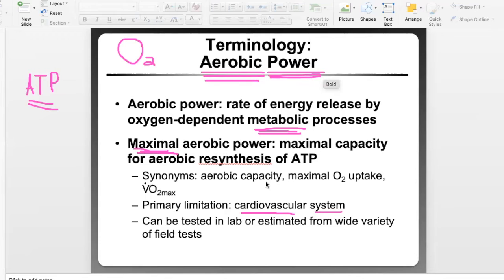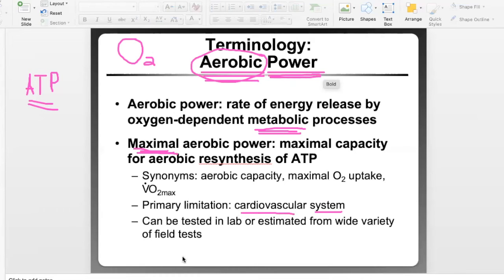So a primary limitation, or one of the things that reduces aerobic power, is, as this term implies, the inability to get oxygen through the system because of vascular issues, heart issues, or lung issues.